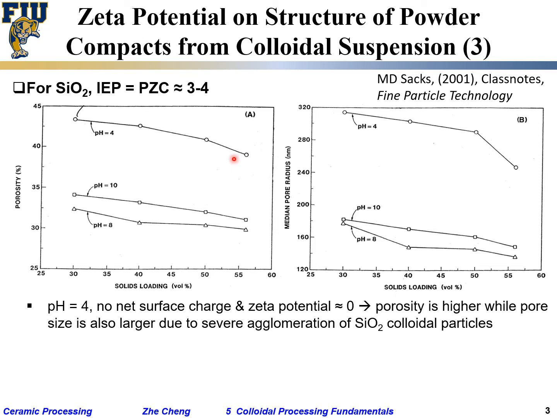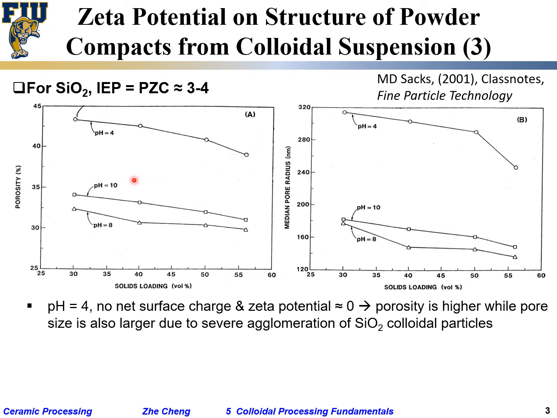Kind of interesting. You make your slurry more and more concentrated. In the end, as it settles, your relative density increases, your porosity got reduced. Higher solid loading, the porosity got reduced, but not very dramatic. The effect is not very dramatic.